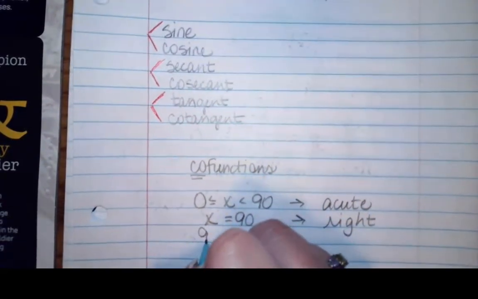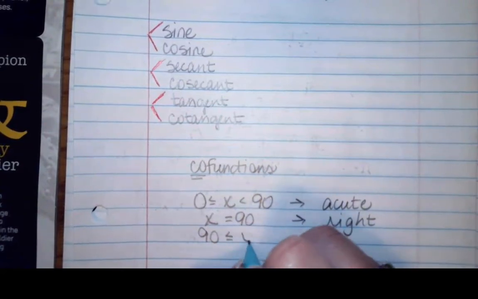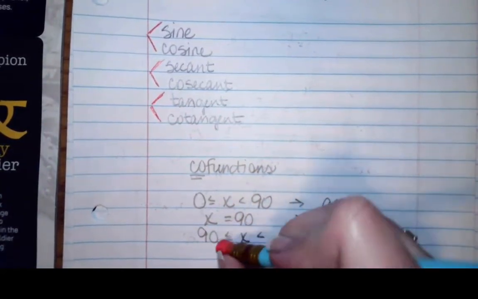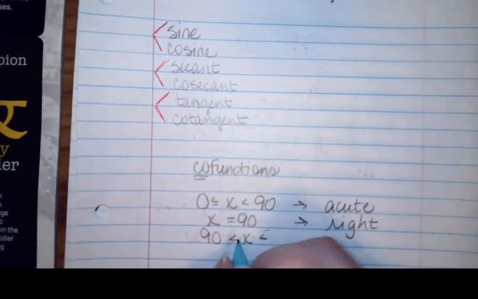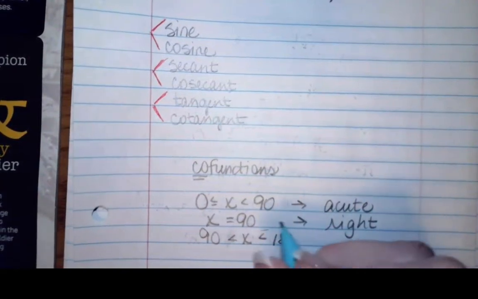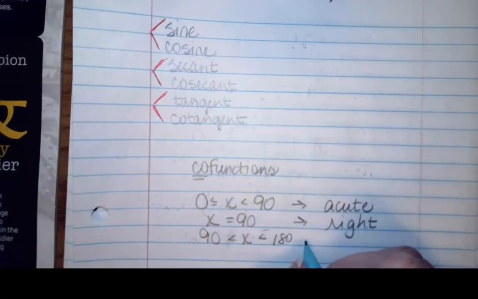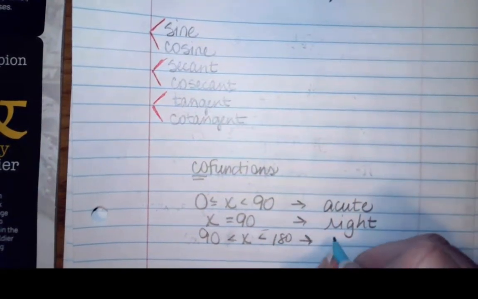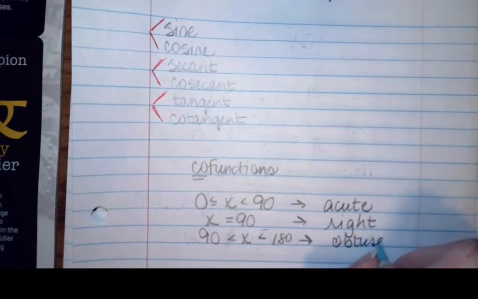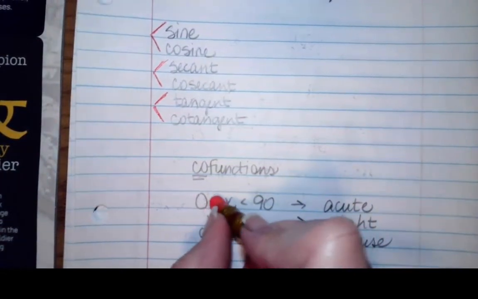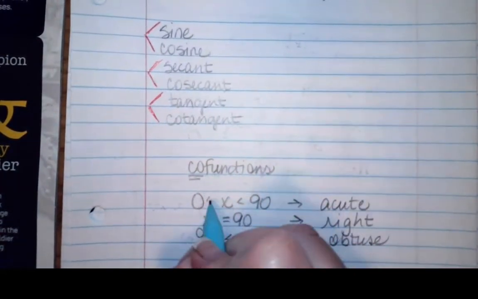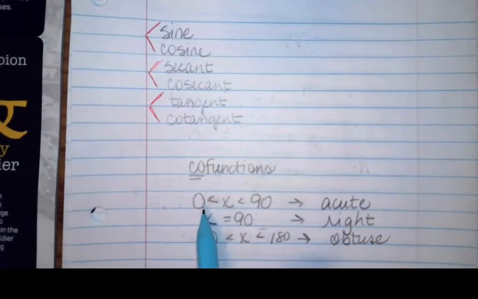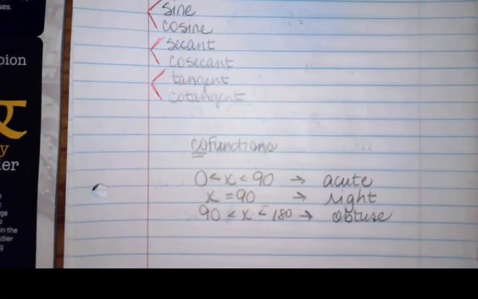And if an angle is between 90 and 180, then we call that obtuse. Sorry, I keep throwing all these little equal signs here. All right. So 0 and 180 are straight angles.